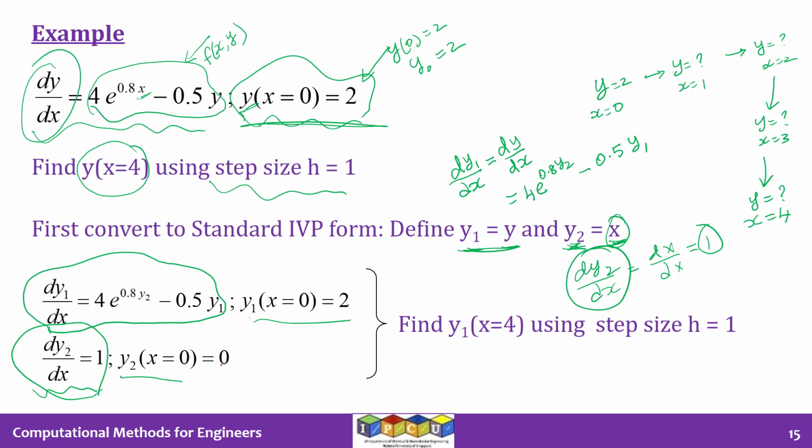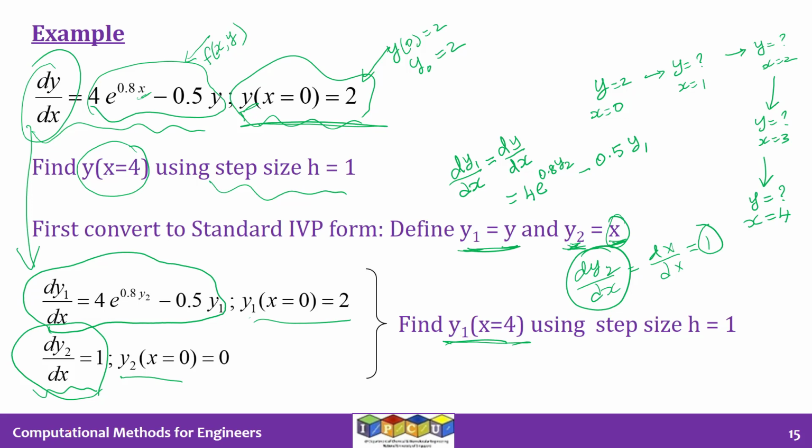So this original problem is now cast as a standard form of ODE for solving initial value problems. Now the question is, find y1 at x is equal to 4. We are not interested in y2. We are interested in y1 at x is equal to 4 because y is equal to y1.